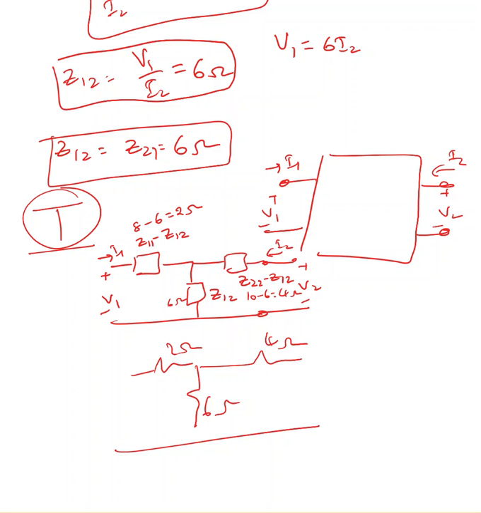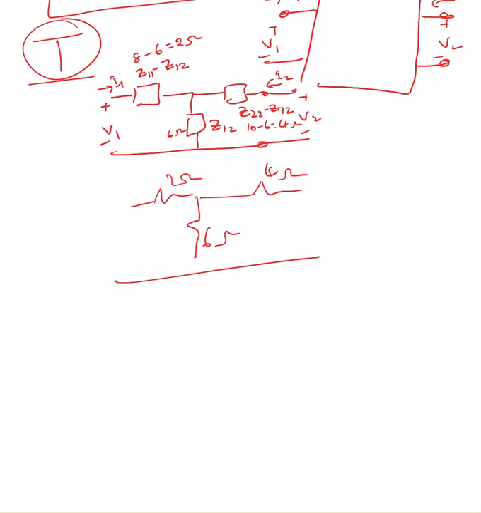Now we can convert this T model into a pi model. So T looks like this, right? And the pi model looks like this. This is the T model or T network, and this is the pi network.